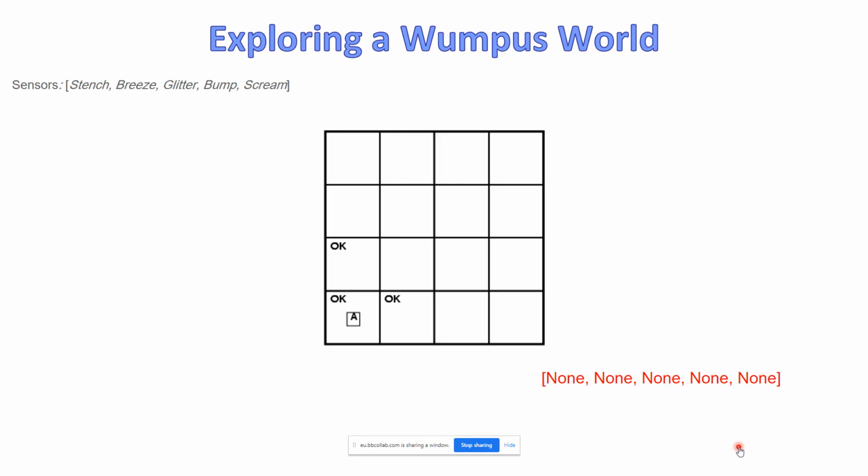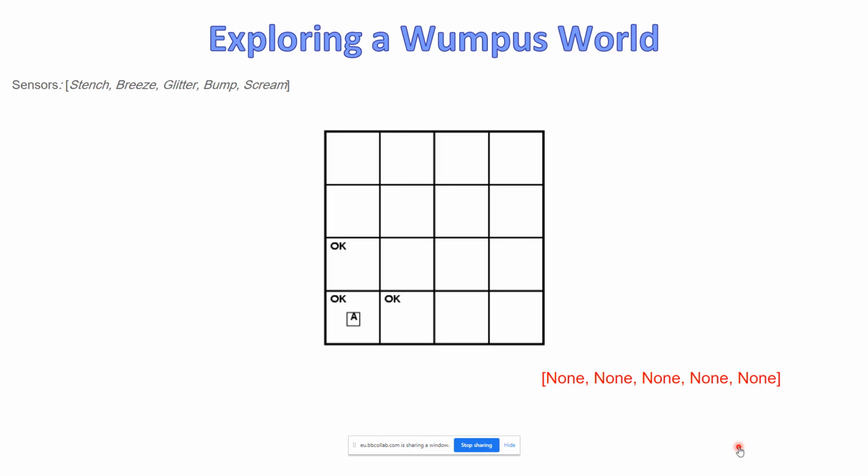Then let's now take an exploration example through the Wumpus world and see why an agent in this case is a knowledge-based agent. Of course, first the rules of the game have to be kept in mind. So we have to think about how to represent these rules in the knowledge base.